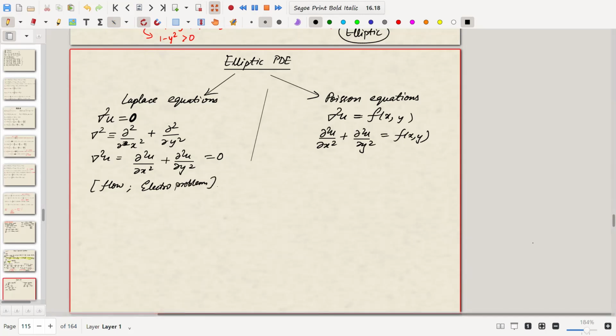They usually use the Laplace equations because electricity or the current deals with many other parameters. And the Poisson equation generally arises in fluid mechanics.